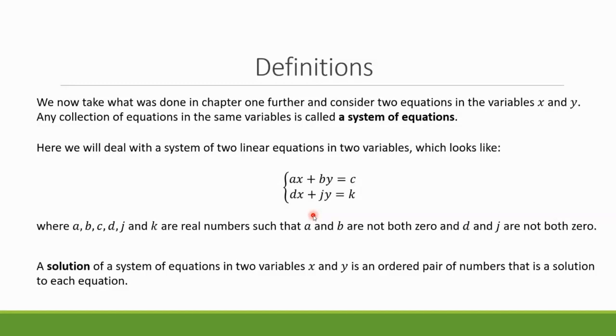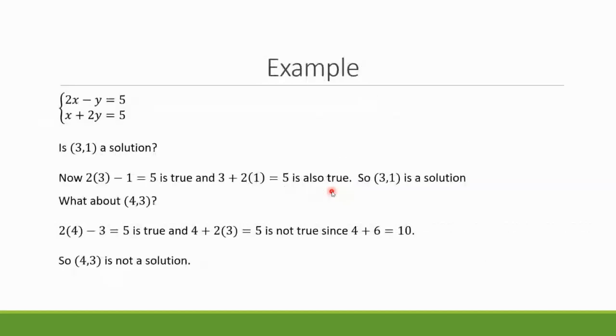That's just what it is by definition. So essentially, we're looking for an ordered pair of numbers that's a solution to both equations.